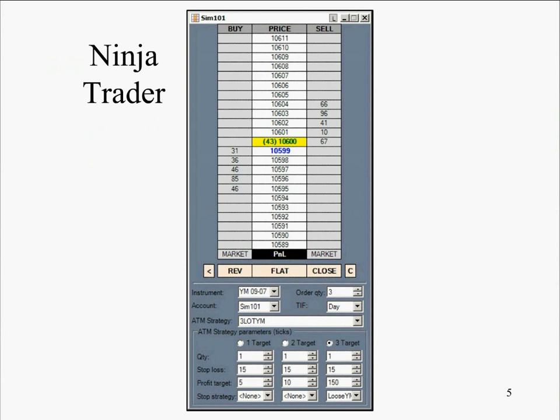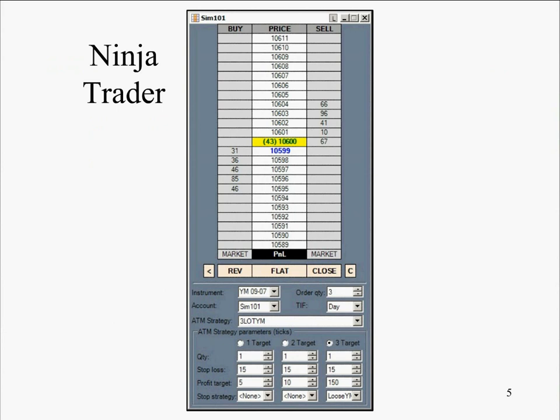It shows the profit target on the first one as 5, profit target on the second one is 10, and then you have to put in some sort of profit target. You can't put unlimited, so I just put 150 in there for the third one, and then I set it up where it has a loose trail.